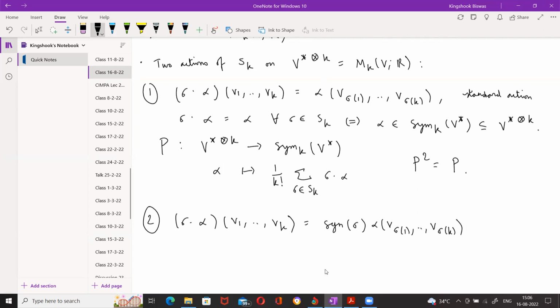Okay, so this is a twisted action. I'm twisting by this homomorphism sign, right? Yes? Yes. So with respect to this twisted action, sigma dot alpha is equal to alpha for all sigma if and only if what?